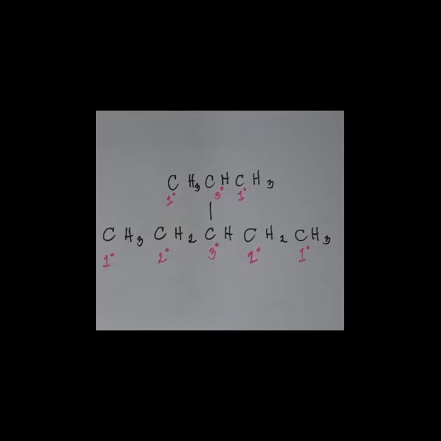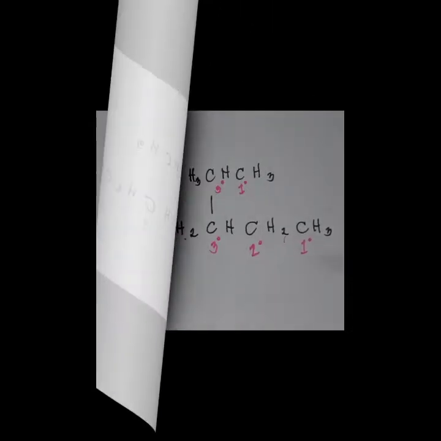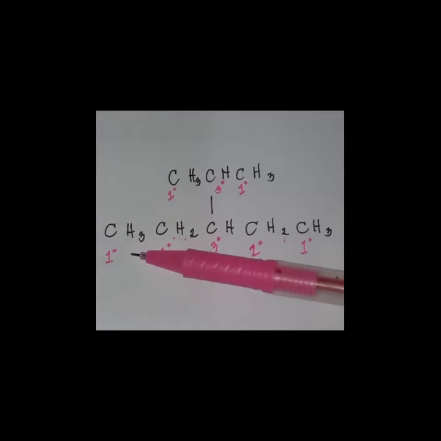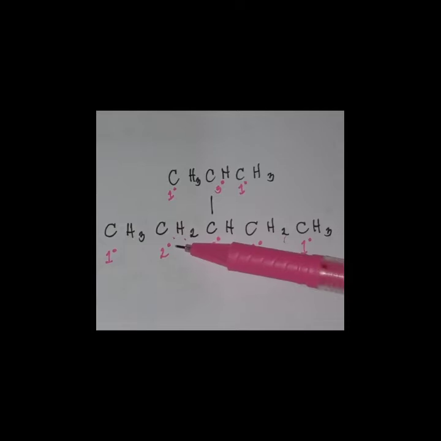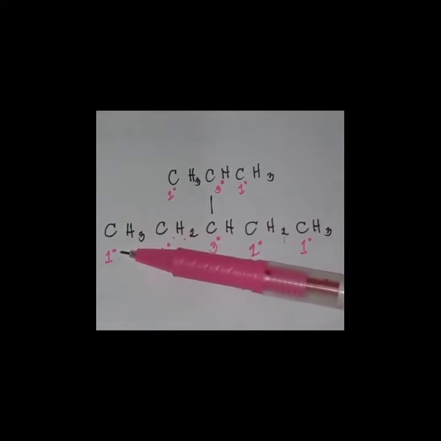Okay, for the next number, we have letter B. It is CH3, CH2, CH, which is bonded to CH3, CH, and CH3. CH is also bonded to CH2 and CH3. The CH3 carbon, or methyl, is bonded to CH2, so this carbon is a primary carbon.